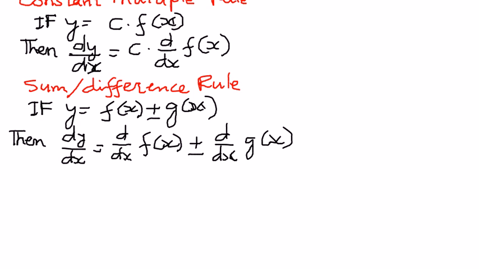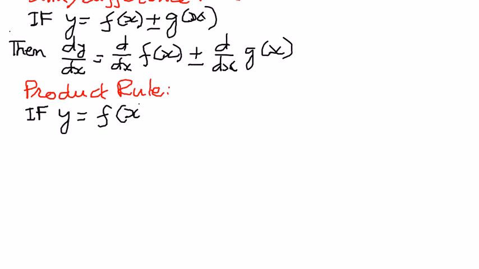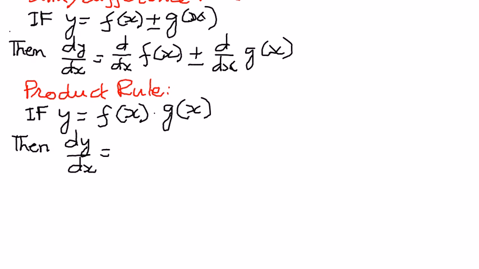So let us look at some more of these rules. The next one we want to look at is called the product rule. This is the product rule. If y is a product of two functions, if we call the first function f of x and the second function g of x, then the first derivative of this product can be written out in this manner.